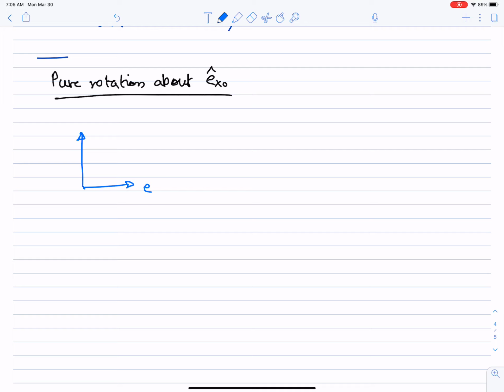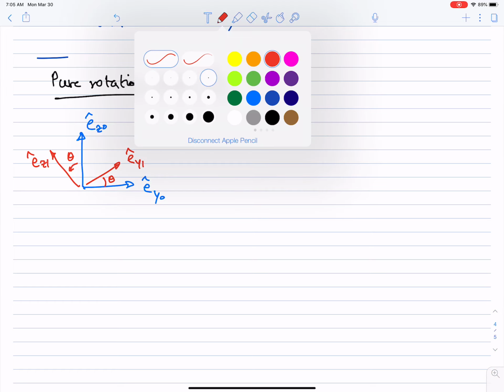so we have Ey naught, Ez naught, and we have Ey1, Ez1, and where Ex naught is perpendicular to this plane.